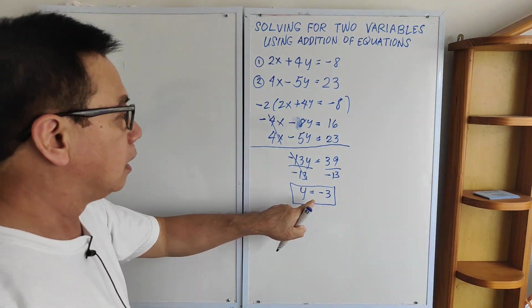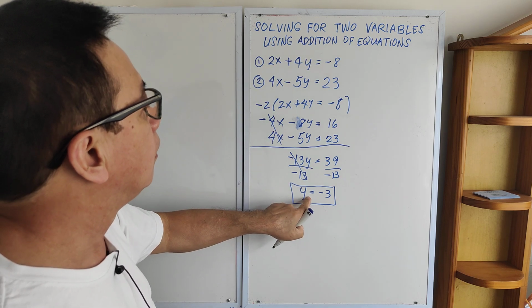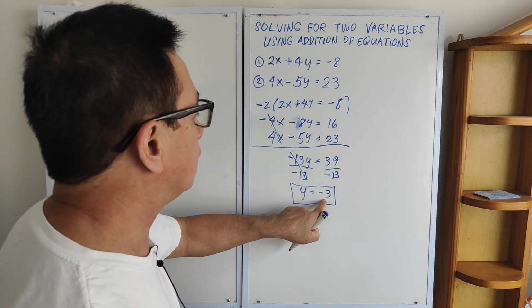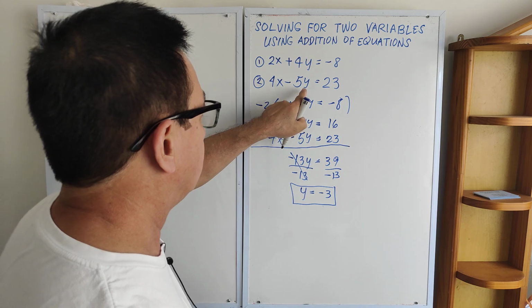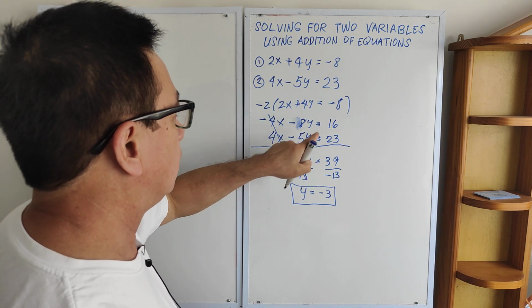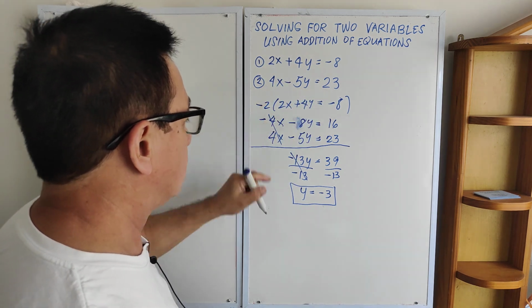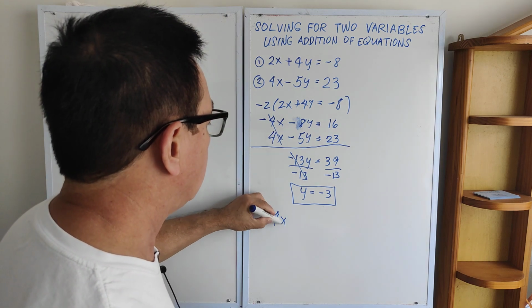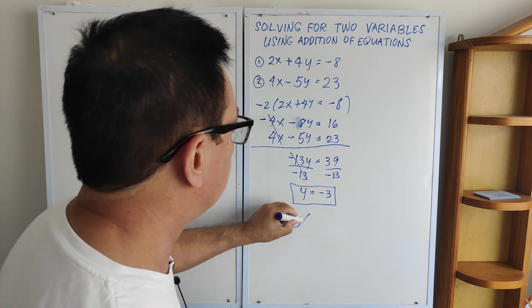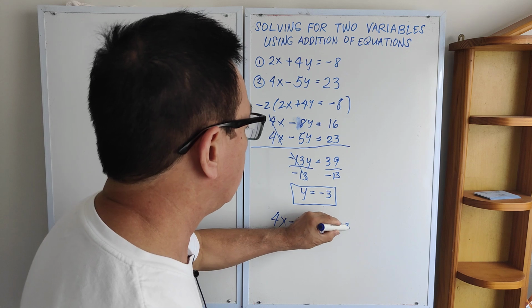So we can use either of the equations to get the value of x. We substitute negative 3 to any of these y's to solve for x. So let's choose this second equation. We just copy 4x minus 5, and instead of writing y, we put the value negative 3, and then it is equal to 23.